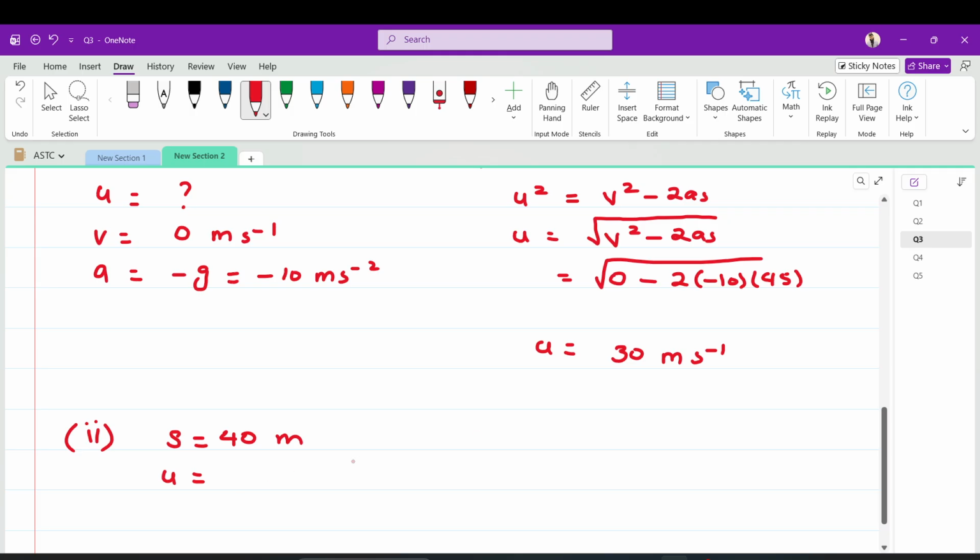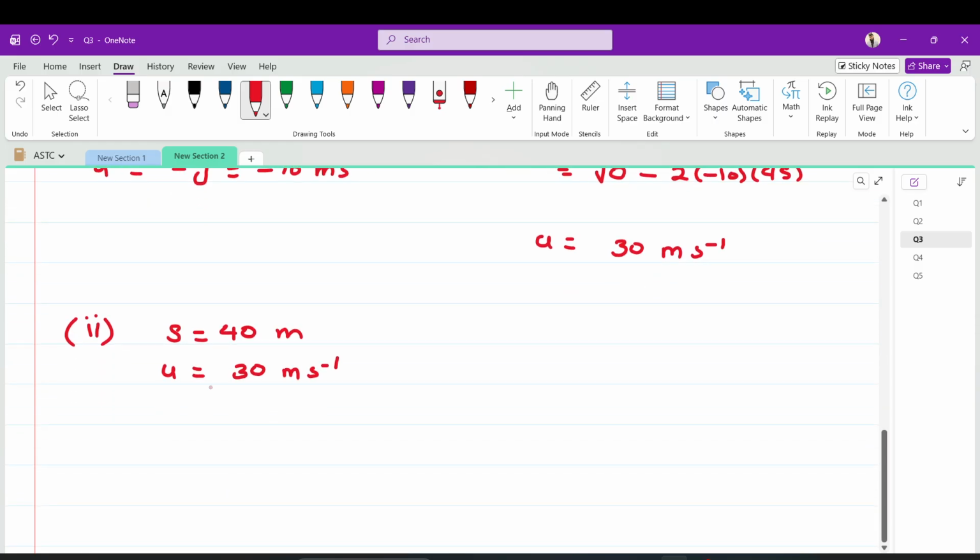u will be 30 meters per second, which we just found. Here we are not finding the final velocity, right? We don't know the velocity at a displacement of 40, so we can cancel this one. a is minus g, and we need to find t.